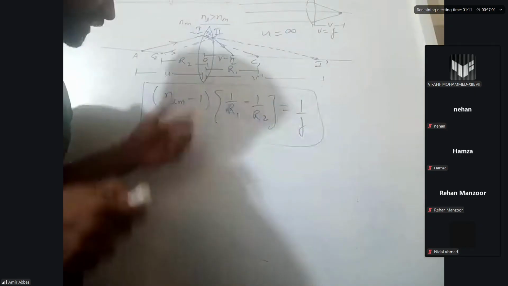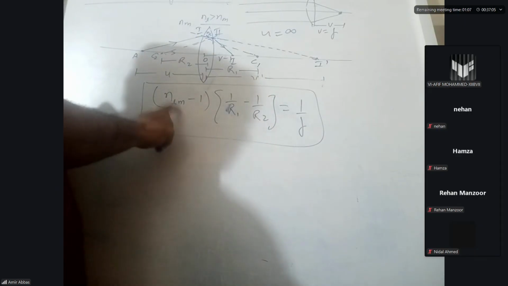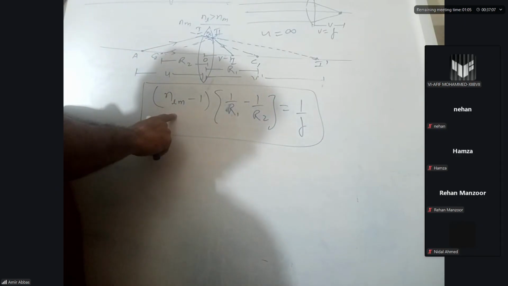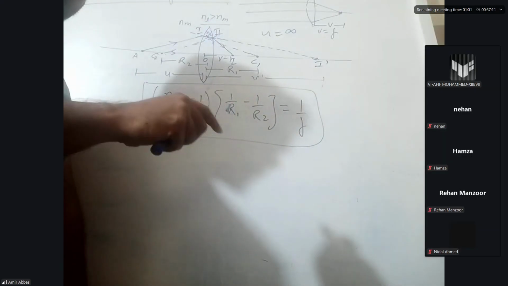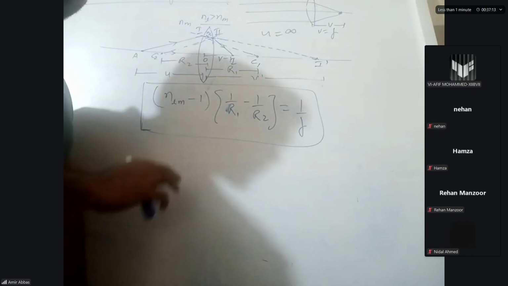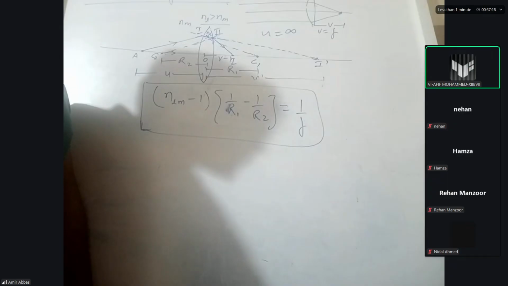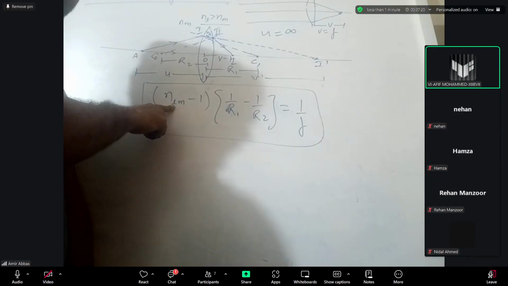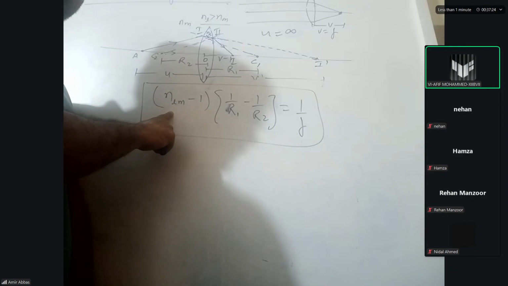That's why the lens focal length is with respect to the medium. It is not fixed. If you dip a lens into any other medium, let us say it is not in air, it is in water, then its focal length changes, because at that time you have to use the refractive index of the lens with respect to the water. Have you got this?